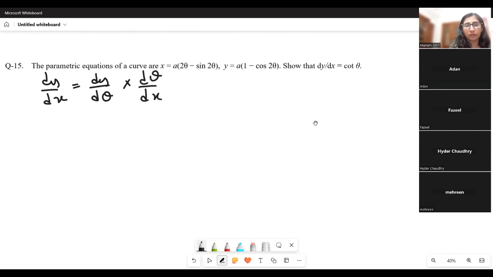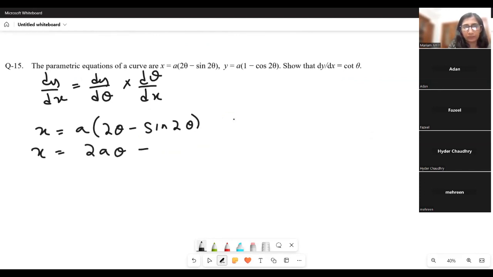This is what we have to do. So let's differentiate the x first. x is a times 2 theta minus sine 2 theta, which is just 2a theta minus a sine 2 theta.